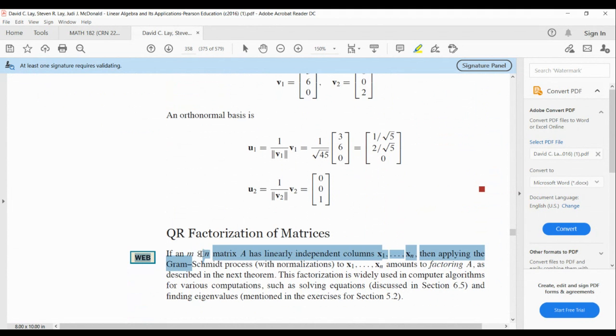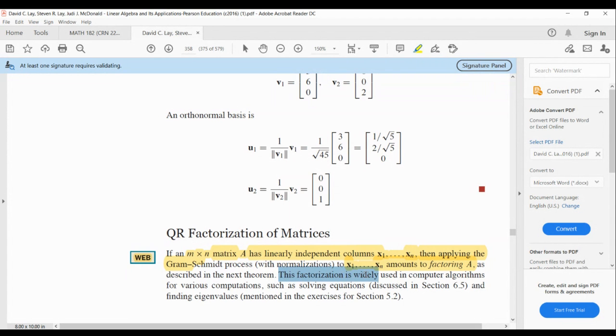So if you have an M by N matrix A with linearly independent columns, then applying the Gram-Schmidt process with normalizations, that means the vectors have unit length, to the vectors amounts to factoring the matrix A, as described in the next theorem.